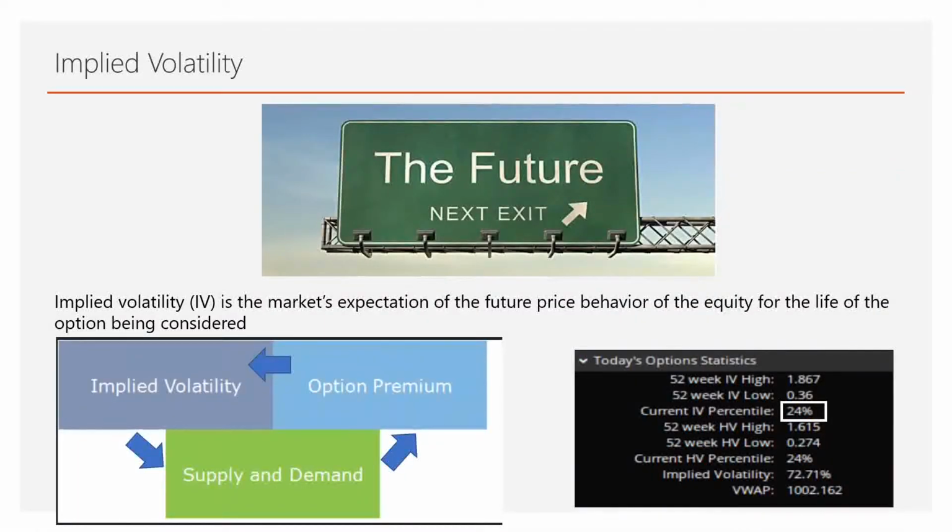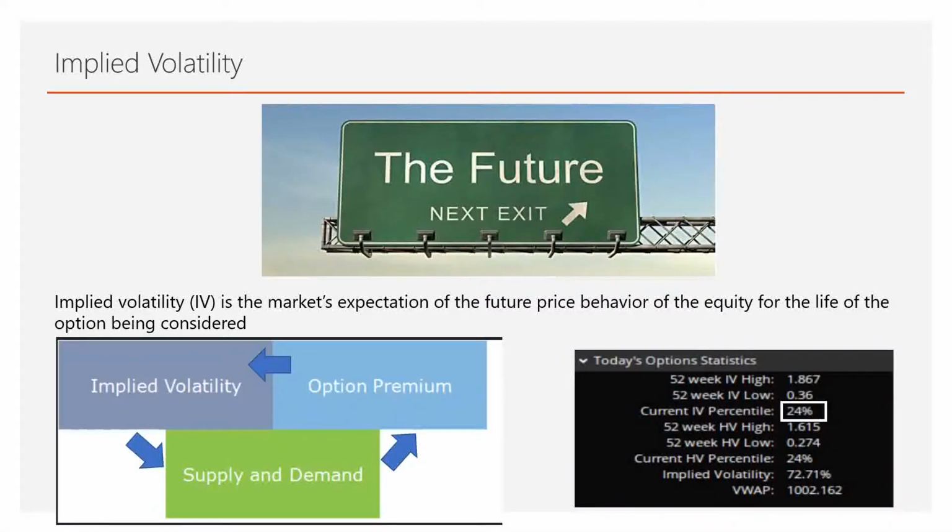As I mentioned, historical volatility is derived from the past stock price. Implied volatility is calculated based on the options price. This decides the future expectation of stock price. It's forward looking. Historical volatility is past data. Implied volatility is forward looking. How is implied volatility calculated?